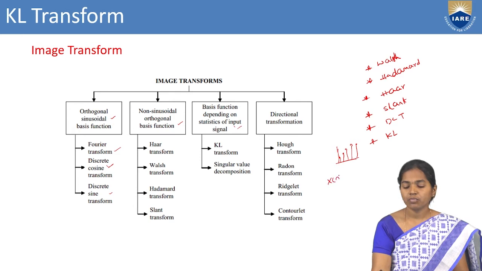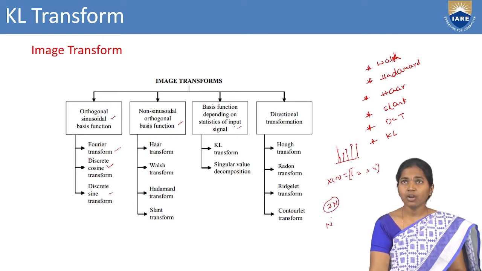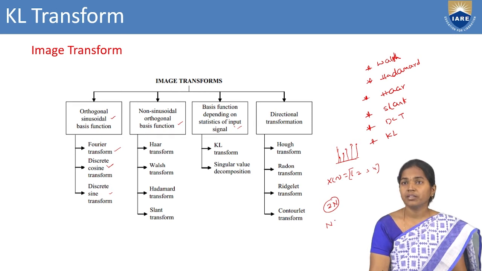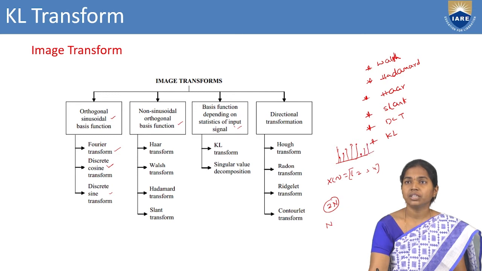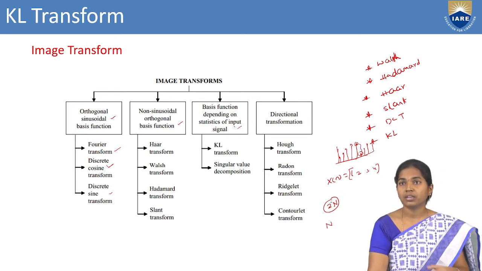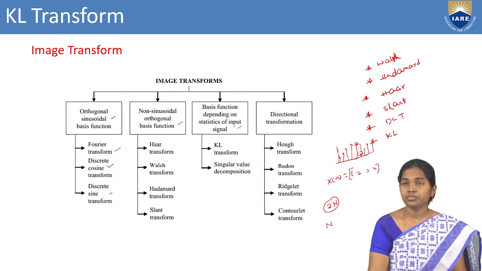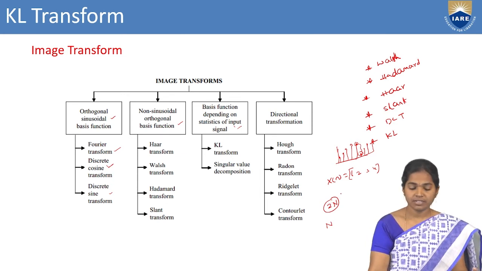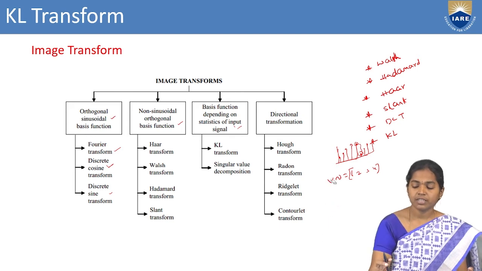Here x of n is 1, 2, 3, 4, and the length of the sequence is N. To extend the sequence, the same sequence is repeated: 1, 2, 3, 4. Then there is a drastic change between the two signals. To overcome this, we can go for the folding method. With the folding method we can extend the sequence, and that is implemented in our discrete cosine transform.